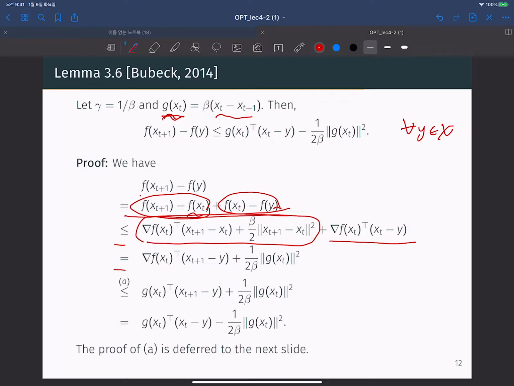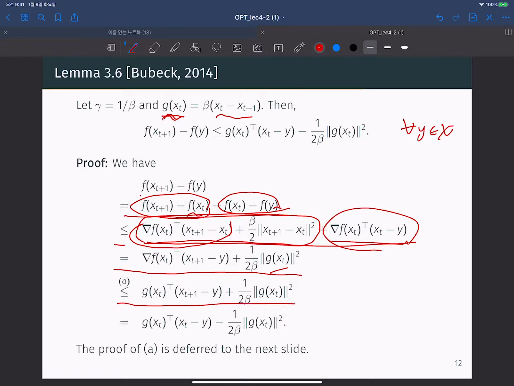And then this one, I just rewrite the previous line, combine this one, and use the definition of G(x_t). And then we have this inequality. I will explain how to show this inequality in the next slide. I will use the second property of projection.